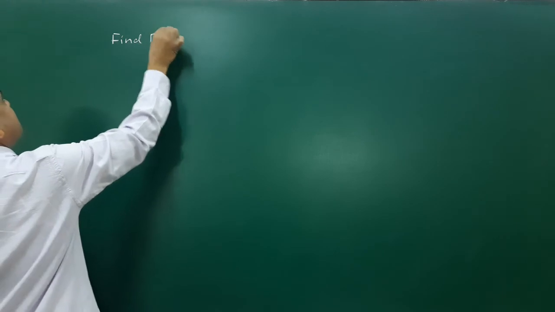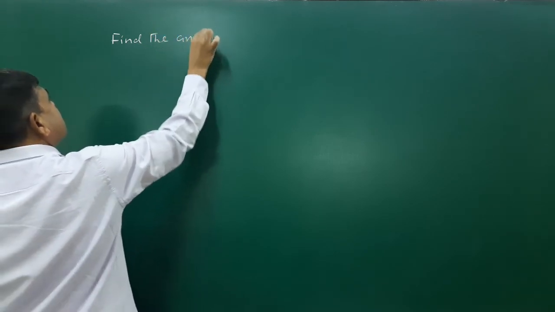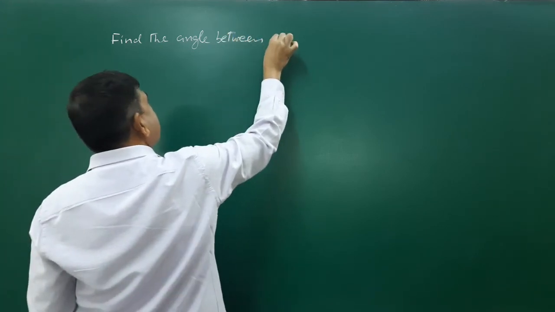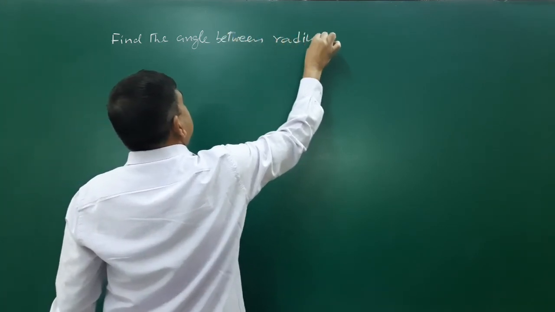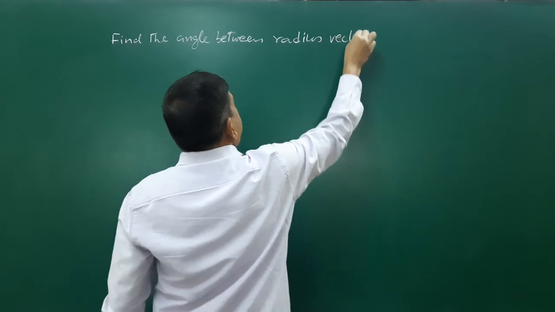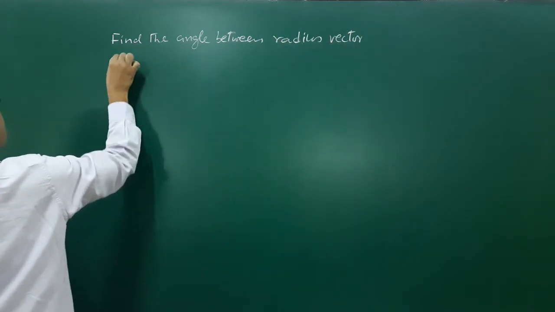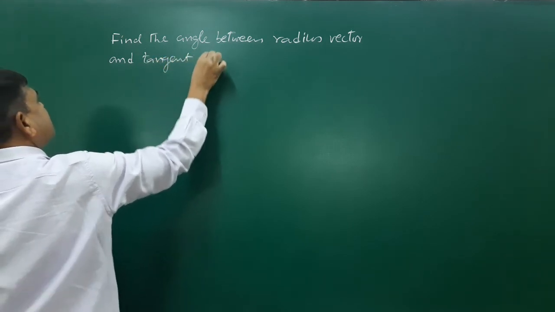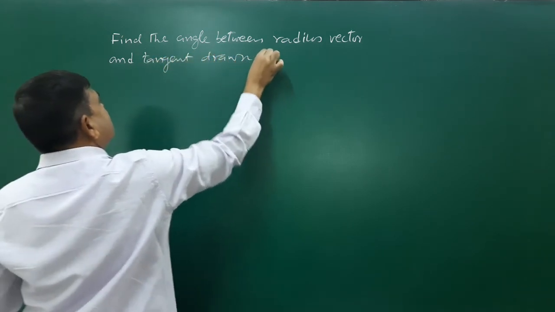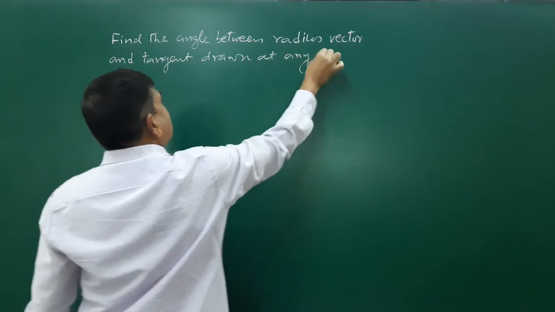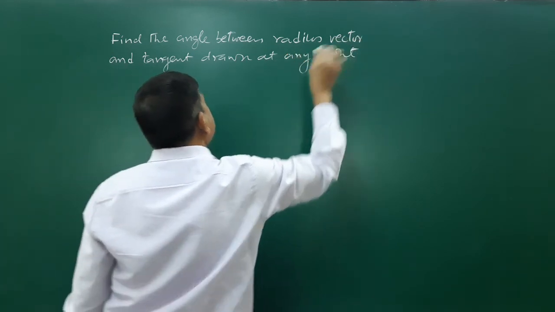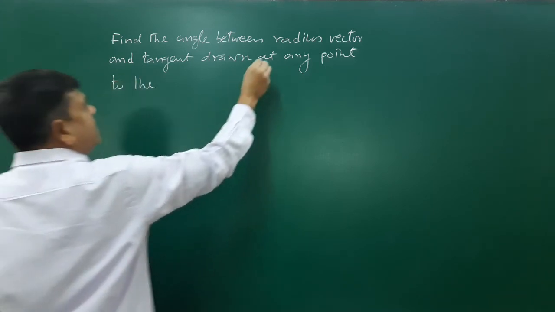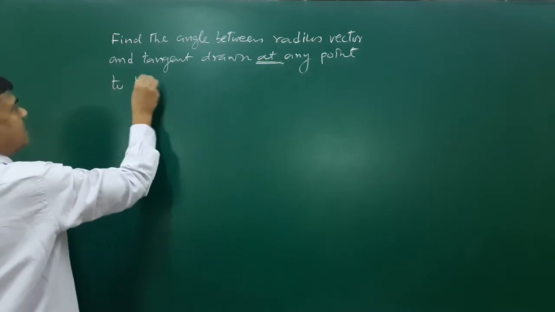Find the angle between the radius vector and the tangent drawn at any point to the curve.